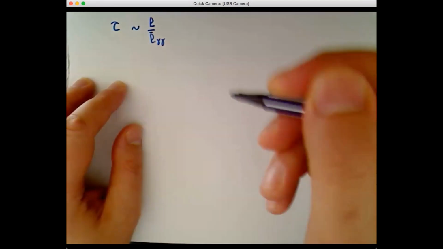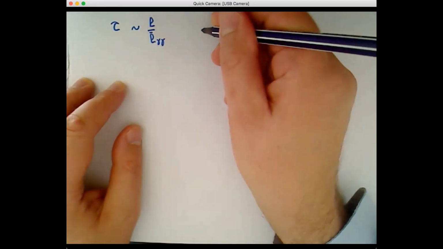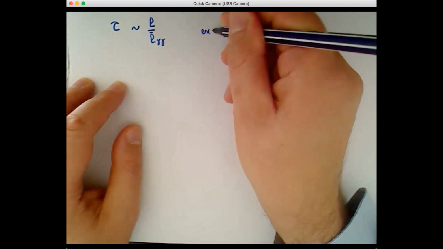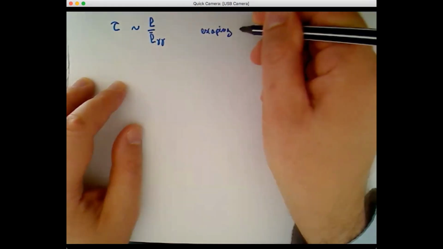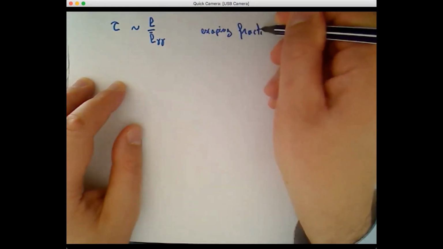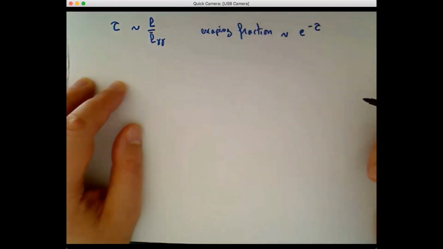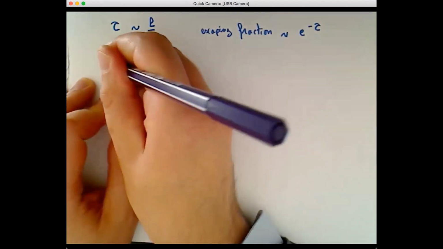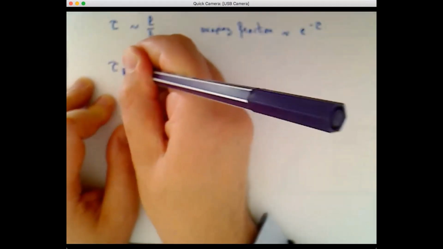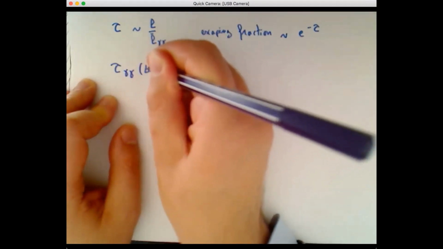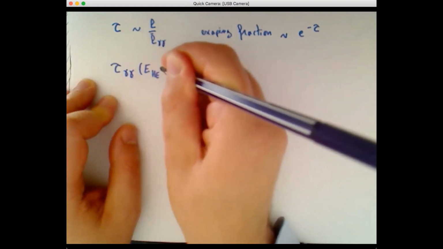Okay. In other words, the escaping fraction is of the order of exponential of -τ. Okay. So I will compute this gamma-gamma opacity for the high energy photon.